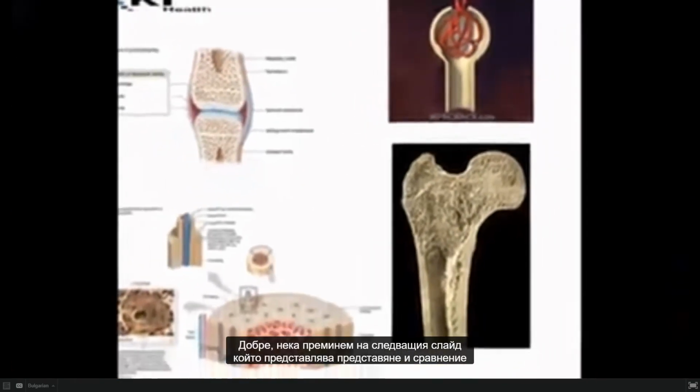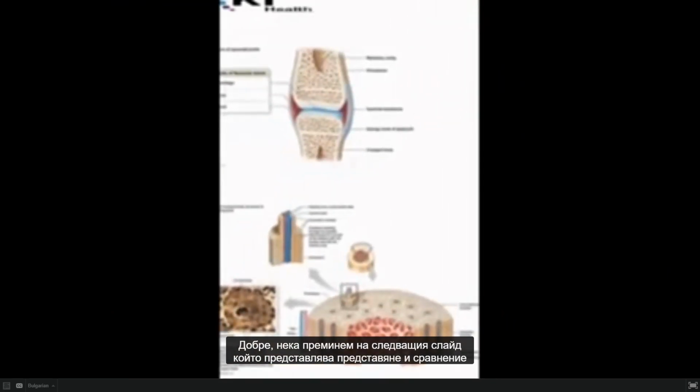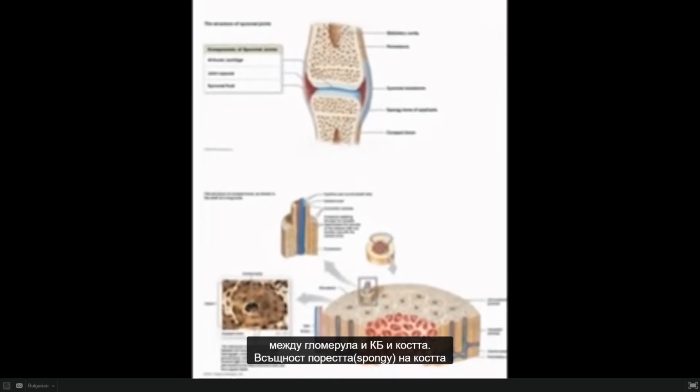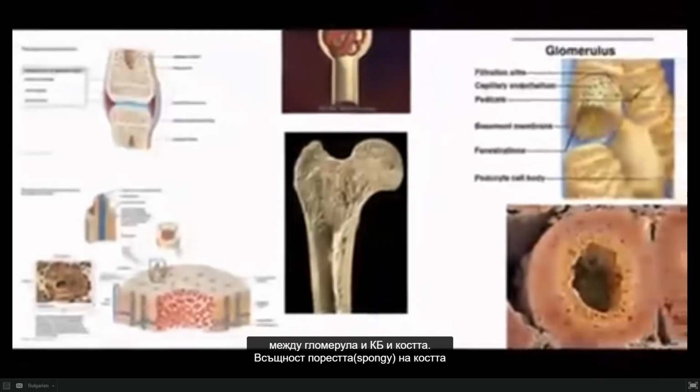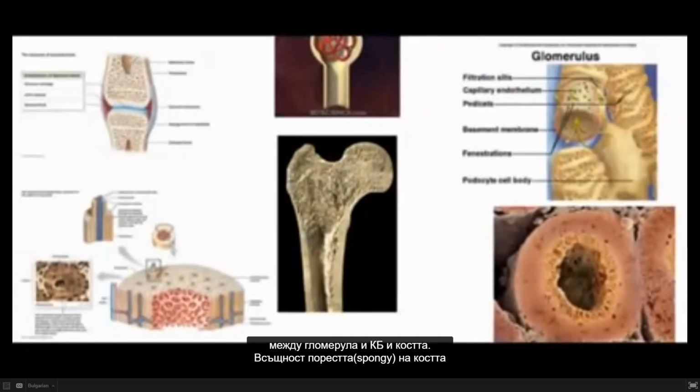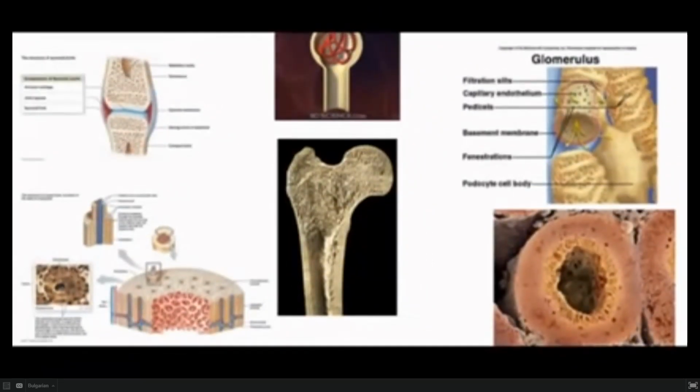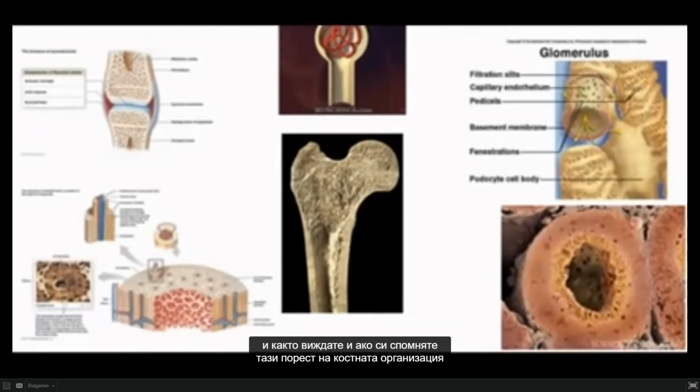The next slide is a representation and comparison between the glomerulus and Bowman capsule and the bones, actually the spongy part of the bone. You remember that the spongy part of the bone, the organization of the lamina, has the same kind of fenestration.